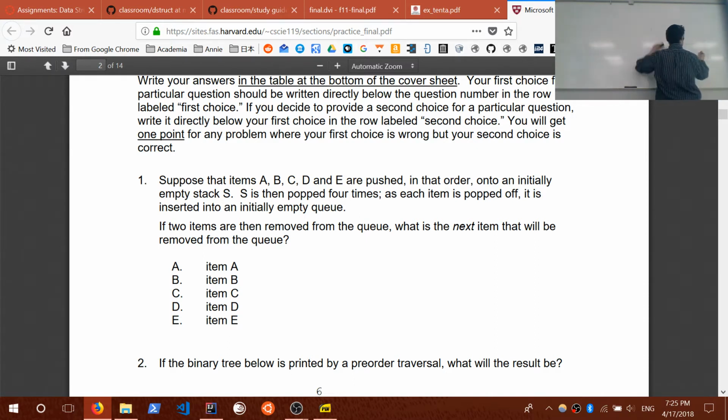D, C, and then B gets inserted, right? So we've popped off 4 items. As every item is popped off, we put it into an initially empty queue. So if 2 items are then removed from the queue, what is the next item that would be removed from the queue? Next item is C, right? This is one that we could just solve simply by doing the algorithm and understanding how it works.